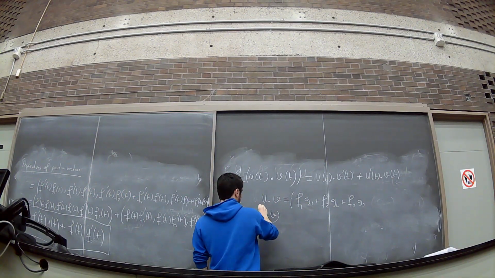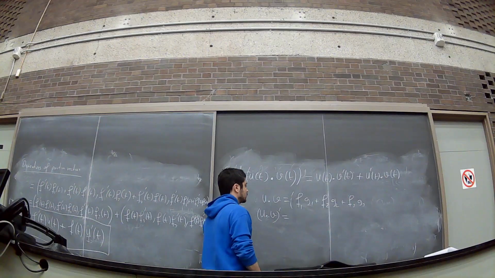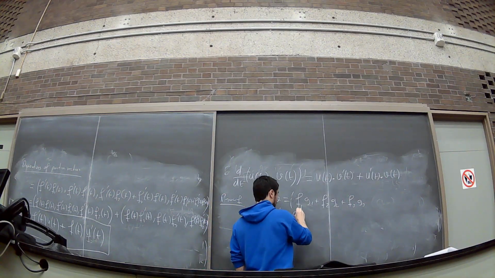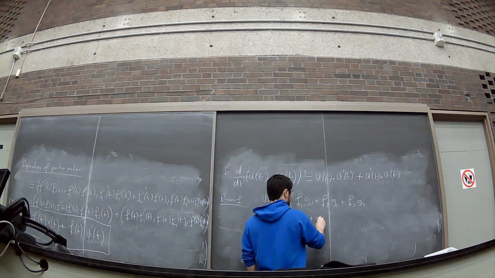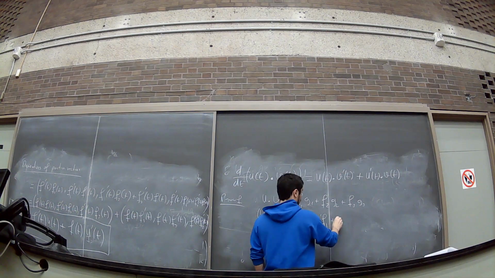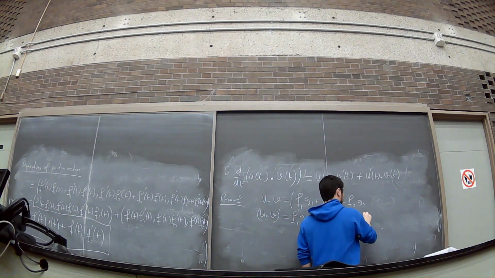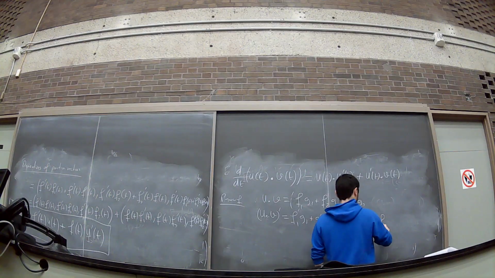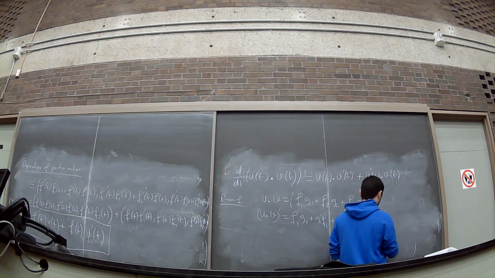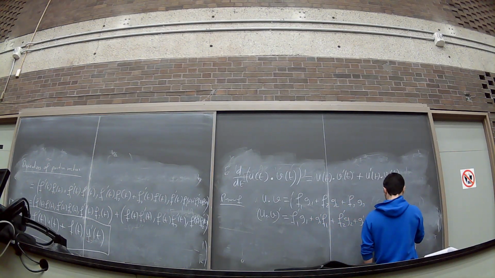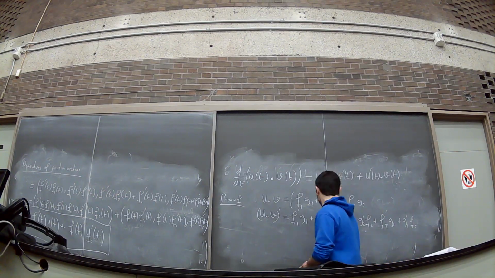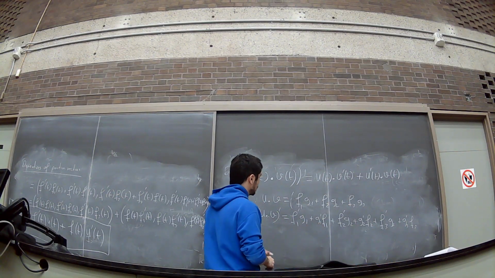So the derivative of u dot b, what is that equal to? This is just f1 prime g1 plus g1 prime f1 plus f2 prime g2 plus g2 prime f2 plus f3 prime g3 plus g3 prime f3. What can I do here?